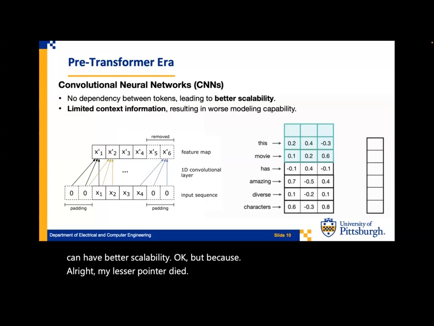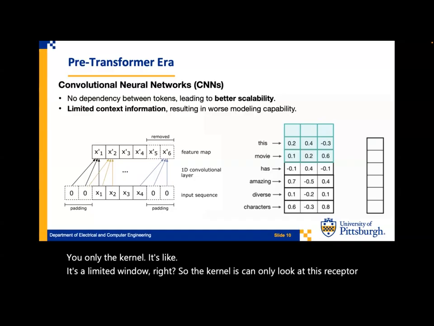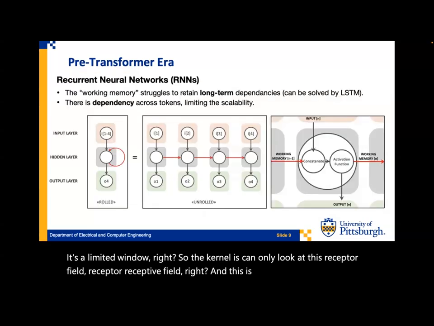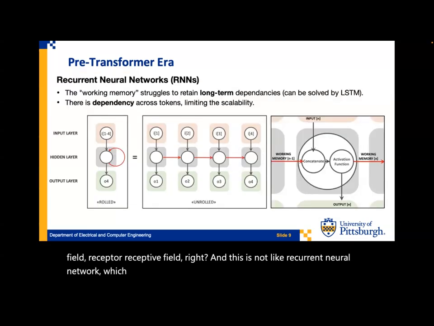But because the kernel is a limited window, it can only look at this receptive field. This is not like a recurrent neural network, which can memorize all your previous history. Does that make sense?